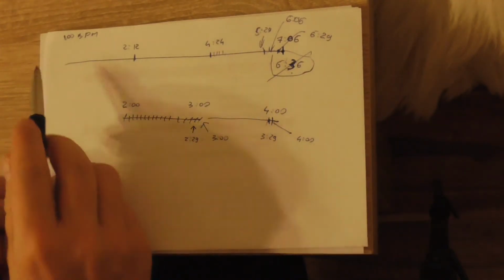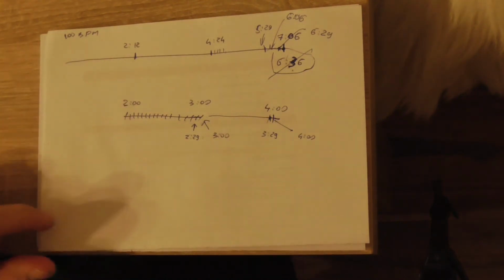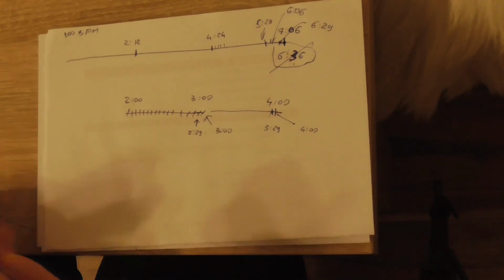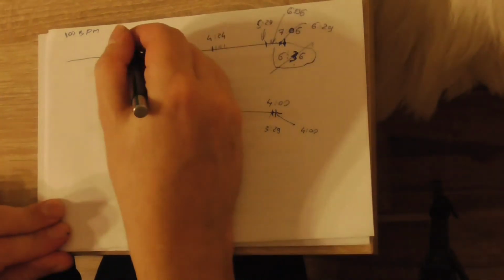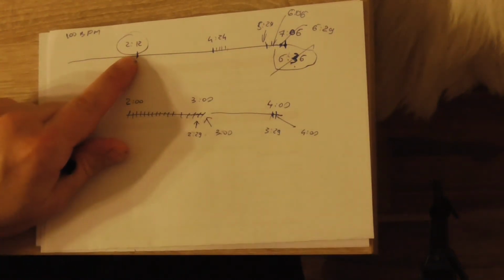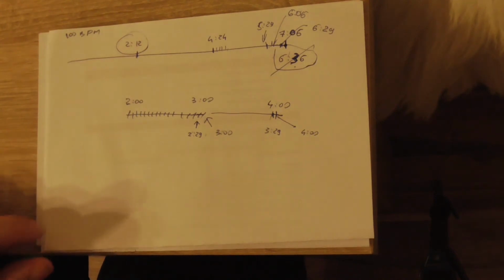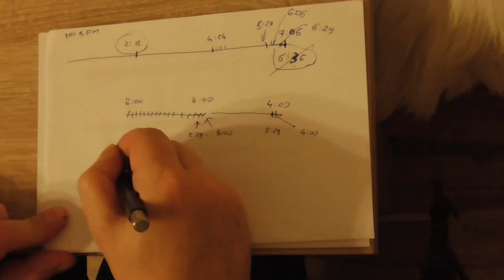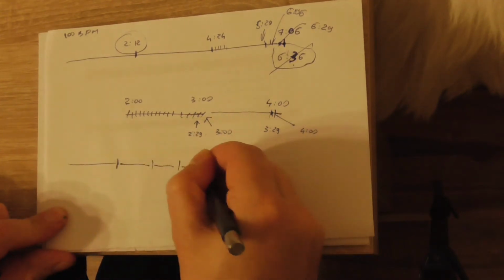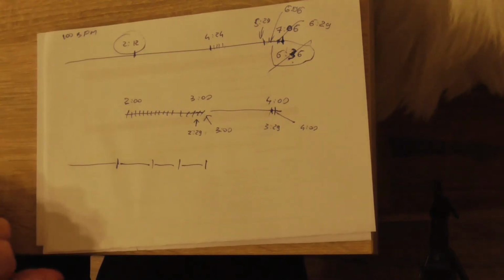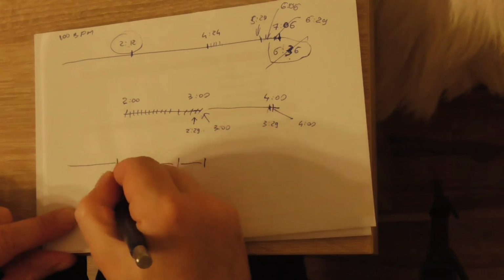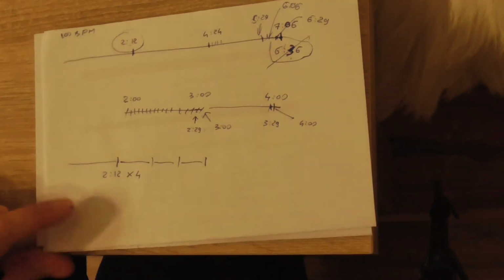So if we are working in 100 BPM, say I've got one measure, I know how long my one measure will take. If I have a 4-measure loop, 1, 2, 3, 4, 1, 2, 3, 4, and 1, 2, 3, 4, and 1, 2, 3, 4, we need to count 2 seconds and 12 frames times 4.